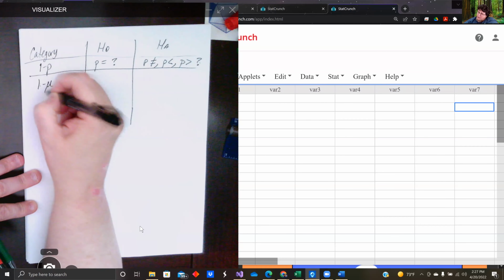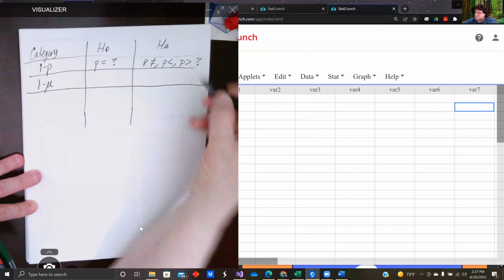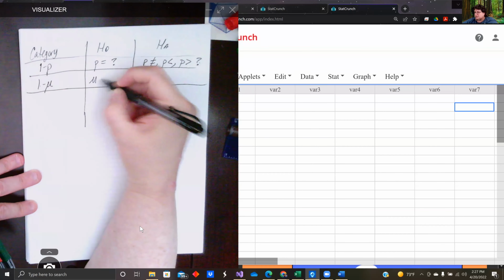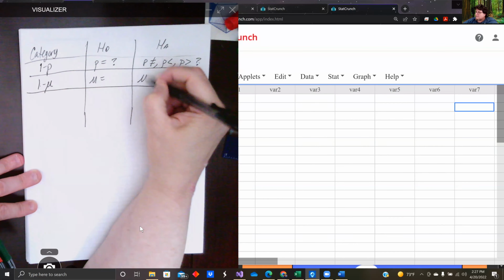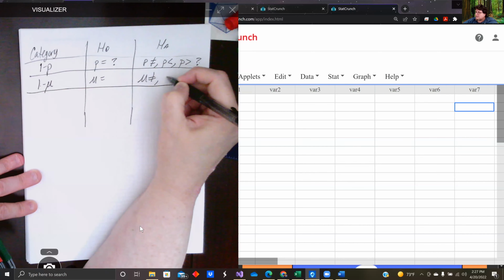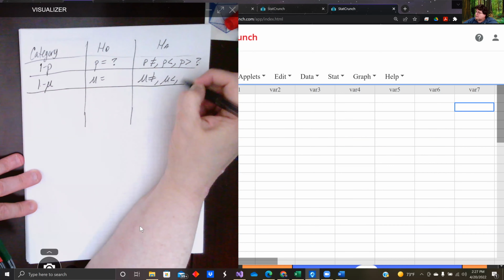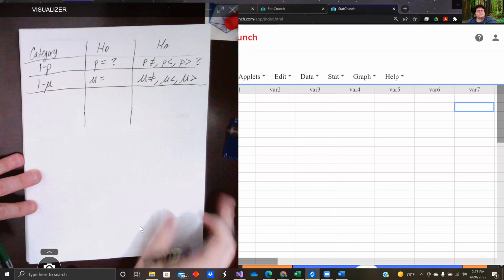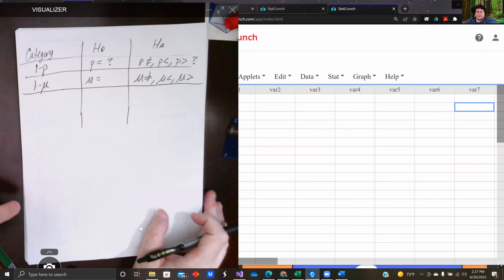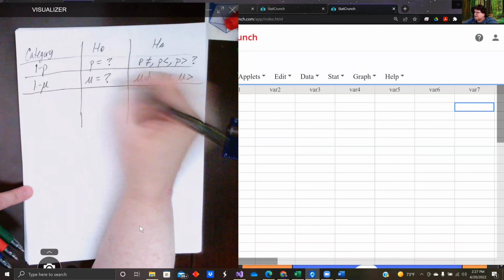We did one mean also as well. And this is really the same. The only thing that changes is the symbol that we put there. And again, some specific value.